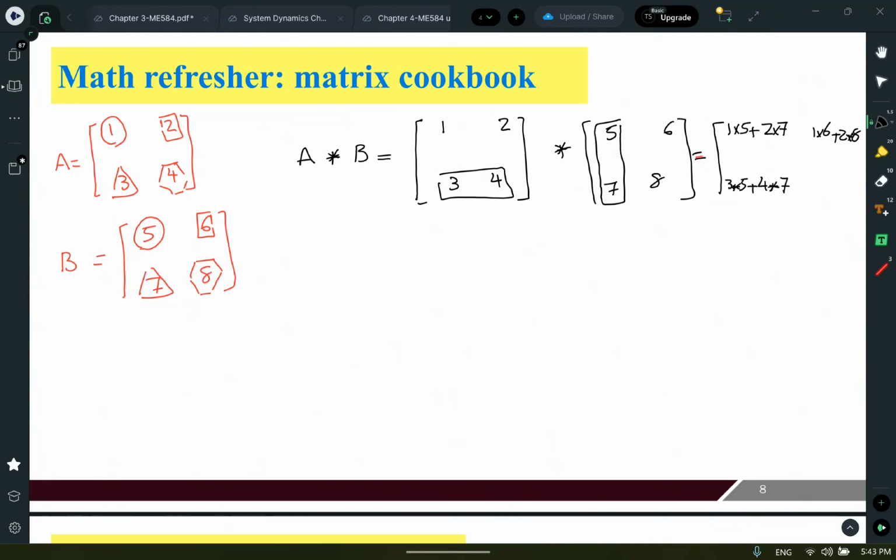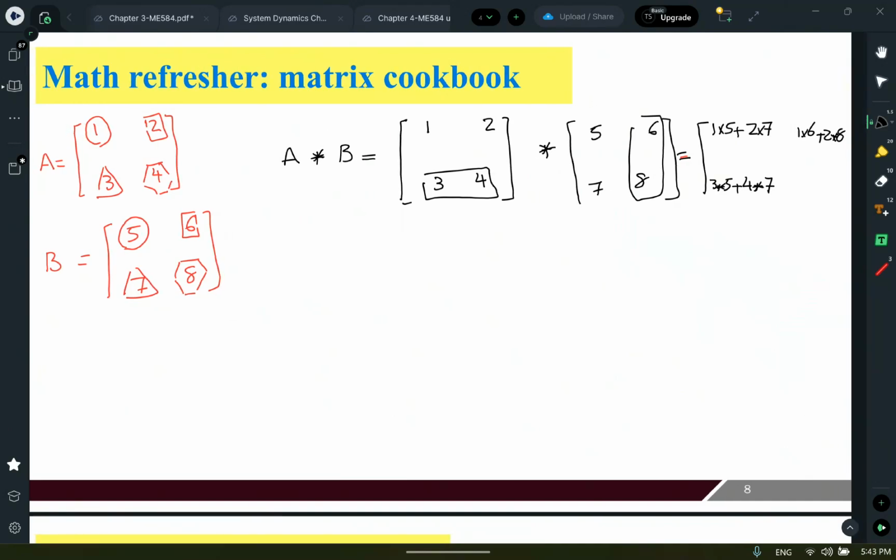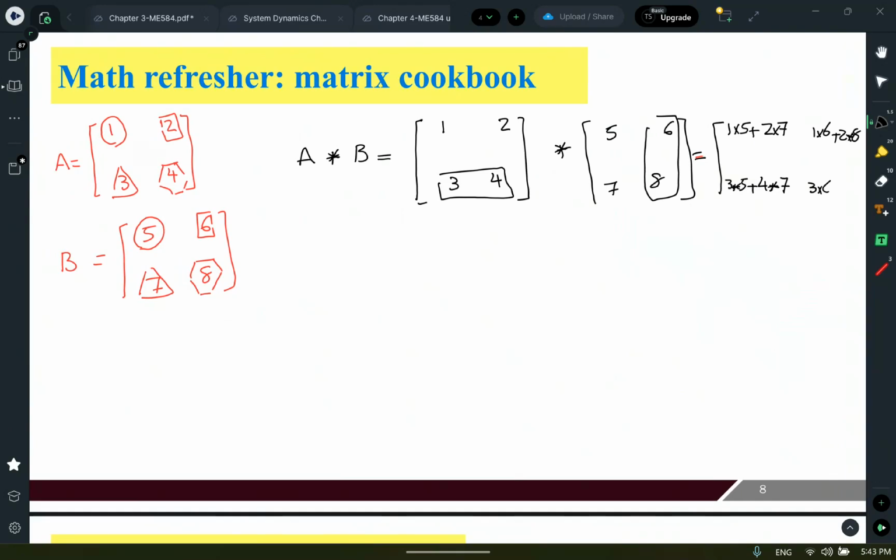The last one would be the last row of the first matrix multiplied by the last column of the second matrix. So this is going to be 3 multiplied by 6 plus 4 multiplied by 8. This is going to give you the resultant when you simplify.